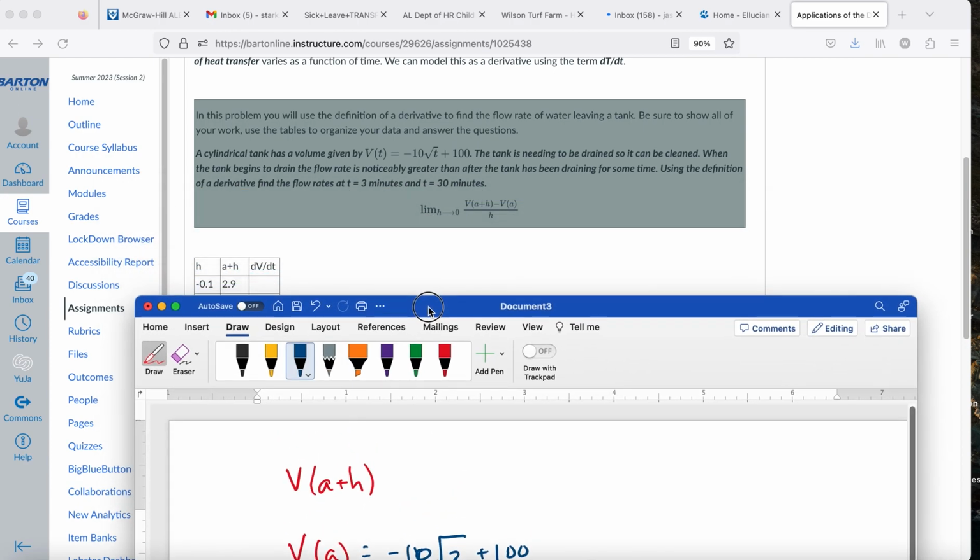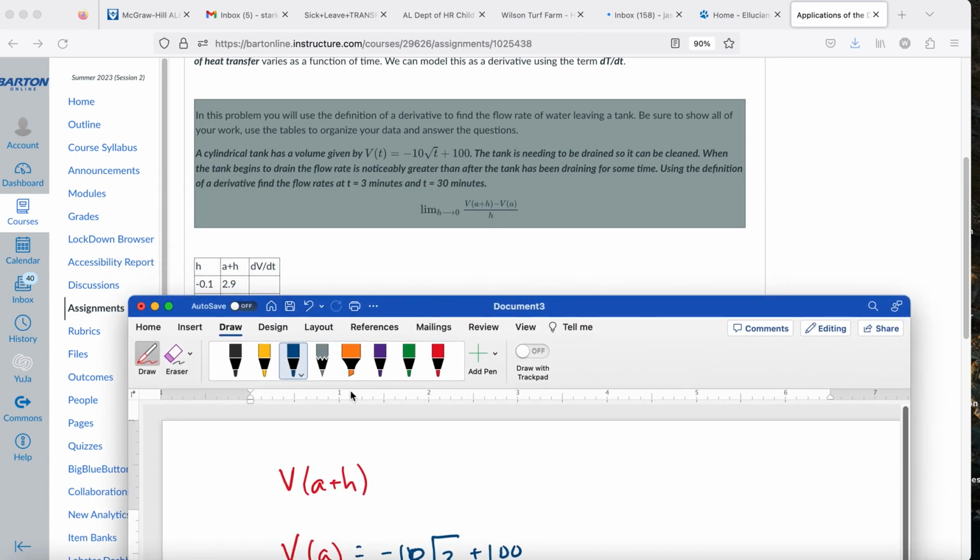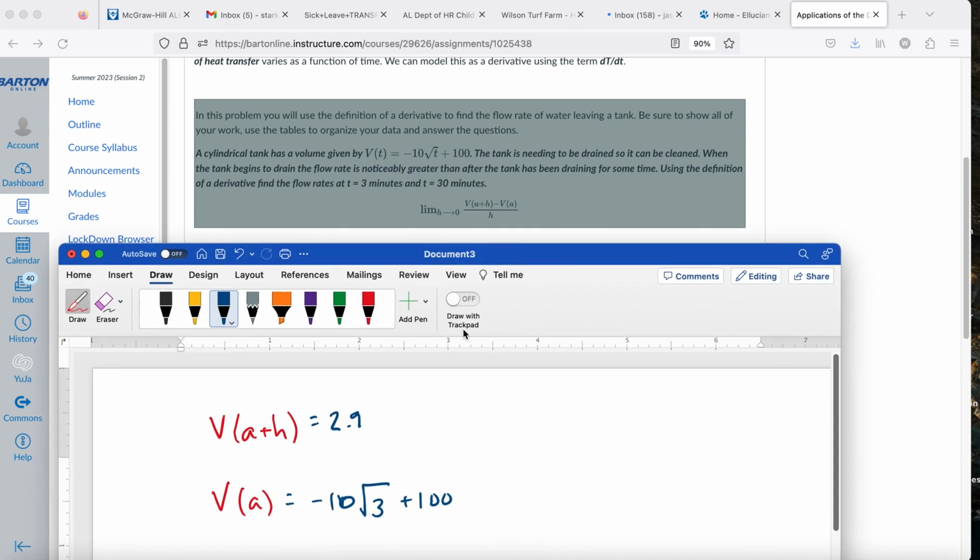V of a plus h is what we get when we plug in 2.9, so negative 10 times the square root of 2.9 plus 100. Once I figure these out, I'm going to plug them into our limit expression: the limit as h approaches 0 of this thing.